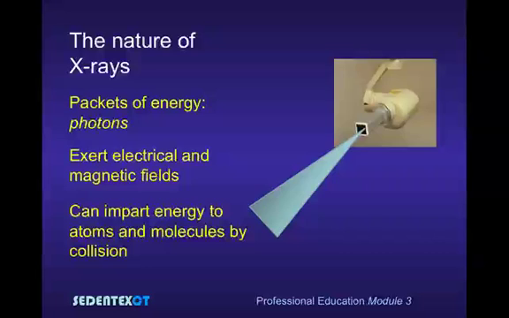Each photon exerts an electrical and a magnetic field, hence the name electromagnetic radiation. However, this is not very important in terms of radiation protection, so you can safely forget about it at this stage. What is important is that you understand that each photon can impart energy to atoms and molecules by collision when they pass through them.